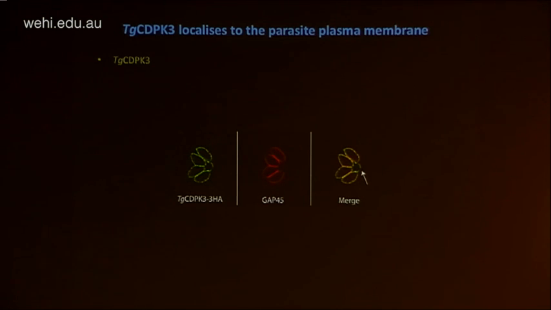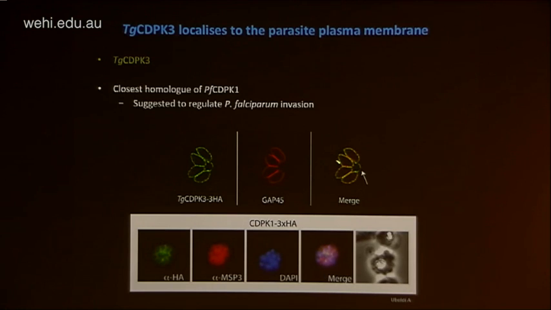So when I started all the way back in honours, I was interested in the kinase CDPK3. This was chiefly because CDPK3 is the closest homologue of the Plasmodium kinase CDPK1. CDPK1 had been shown to localize to the plasma membrane, as you can see CDPK3 does, which was thought to co-localize really nicely with that actomyosin motor, which drives parasite motility.